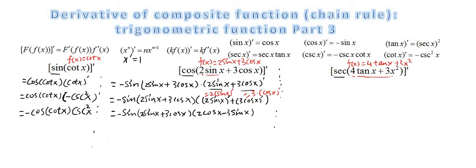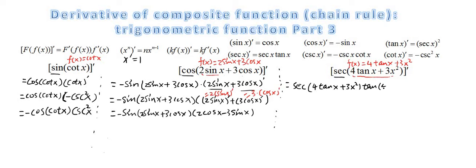Now we have the derivative of capital F. Capital F is secant, so the derivative is secant times tangent. So we have secant of 4 tangent x plus 3x squared times tangent of 4 tangent x plus 3x squared.